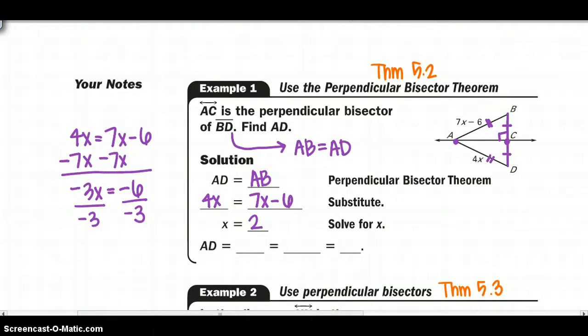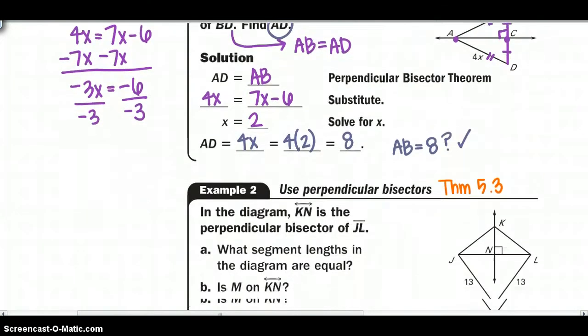Now I need to make sure I solve for what I'm being asked to find. AD is 4x, so 4 times 2 means AD equals 8. And what would AB equal without having to do any work? 8 also, because we know it's equidistant.